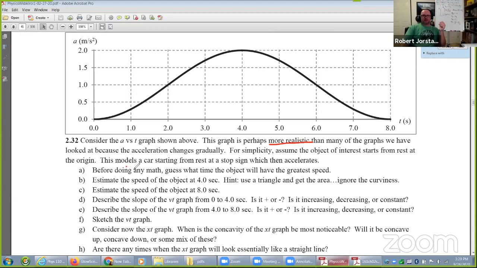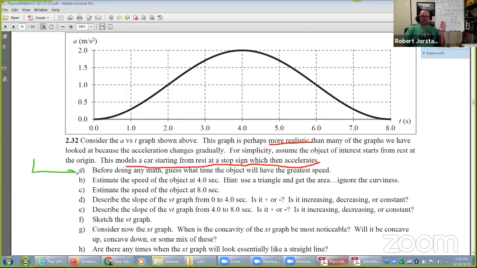This is supposed to be a car starting from rest at a stop sign, and then it accelerates. Just imagine if you were driving a car, right? You start from rest, you're going to step on the gas and start to accelerate quickly. And then when you get close to full speed, you're going to let off the gas and accelerate slowly. So, based off that, let's do part A together.